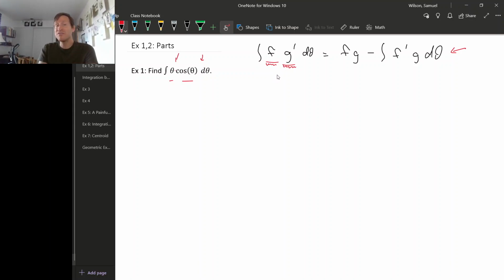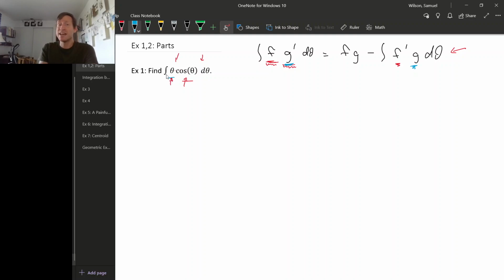So before we choose, we have to think: which would we rather differentiate, because f is going to get differentiated, and which piece would we rather integrate, because the g prime part we're going to integrate to get g. If we integrate theta, we get something like theta squared, and that's more complicated than it started out.